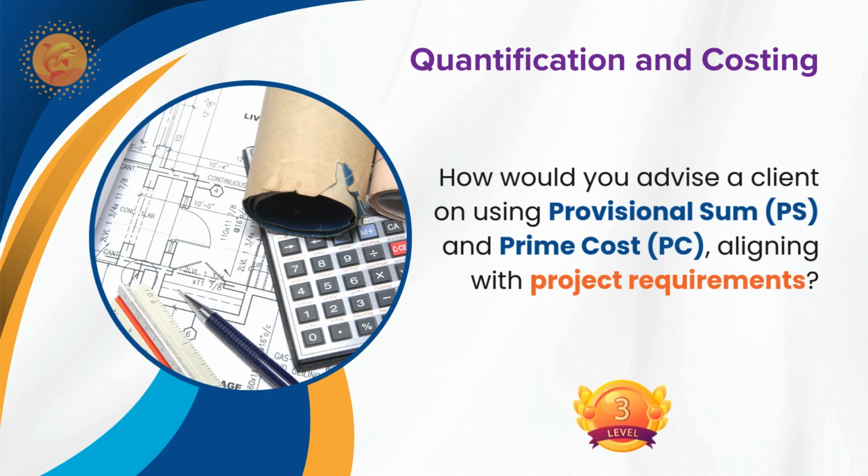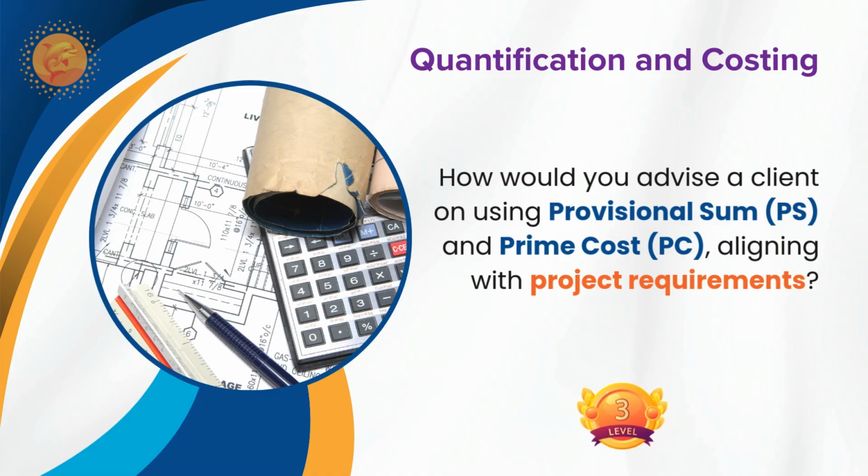Also, there is the prime cost item. One client wants to execute certain work, but is unable to finalize the specification requirement or latest technology for a certain item, but the client knows the quantities and scope.